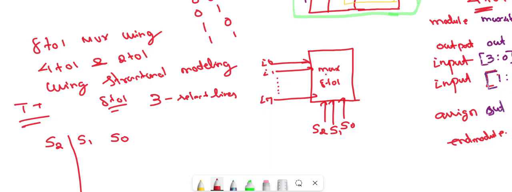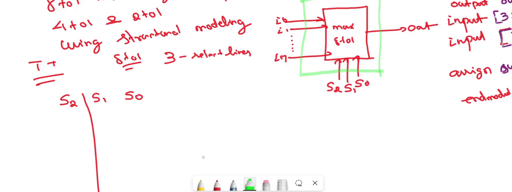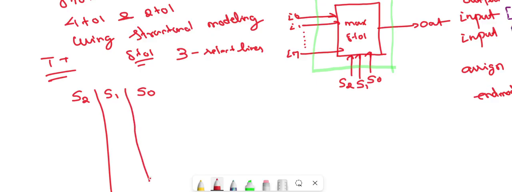I am giving my module name starting with alphabets, not with numerals. So this is out. Draw the black box to avoid confusion. Black box over, now the truth table for the 8 to 1 mux.